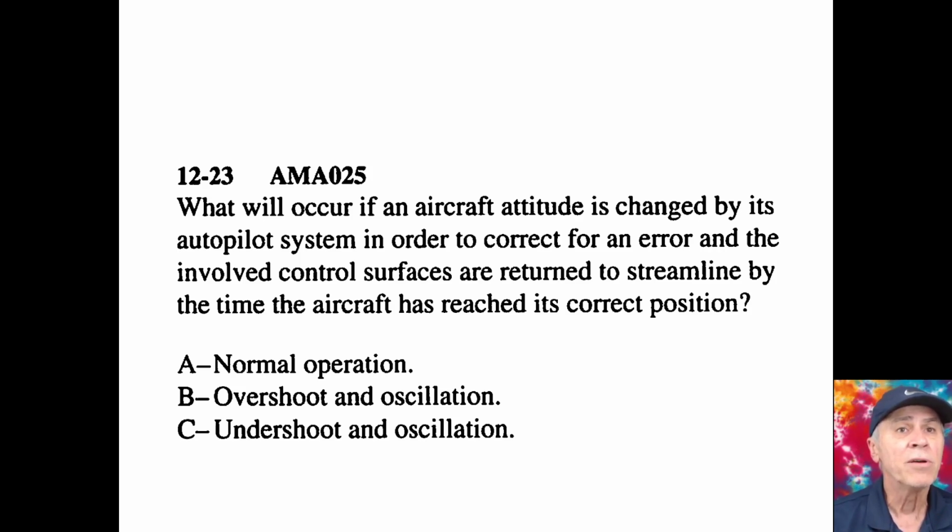And so because of the way it's phrased, I'm going to say that is normal operation. The overshoot and undershoot and oscillations, that's not the correct answer for this one. I believe there may be a question where we deal with that a little bit more. Yeah, this one's just normal operation.